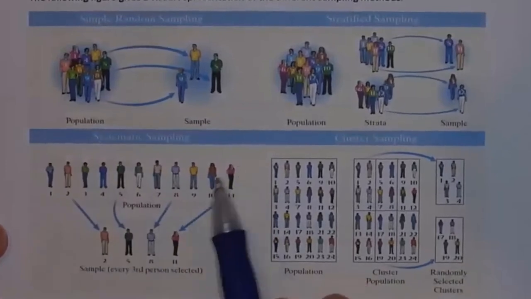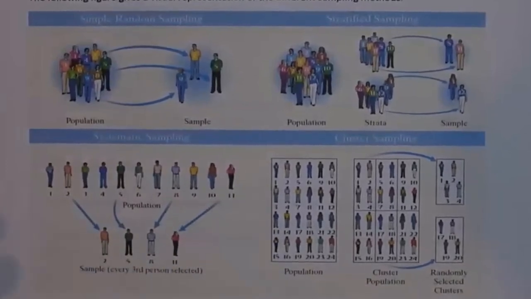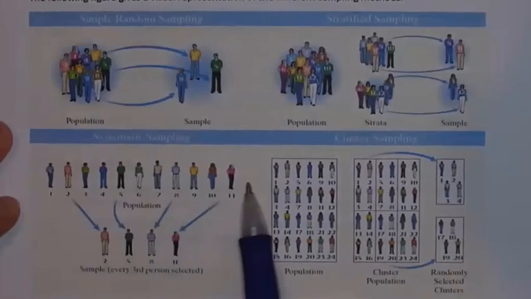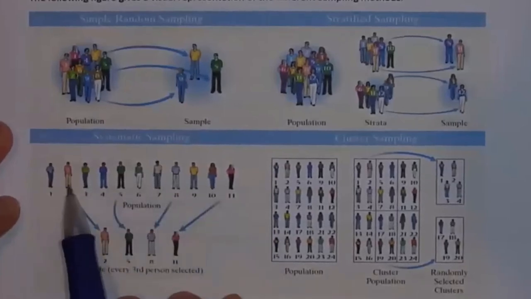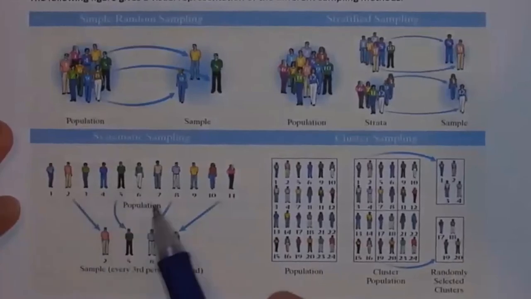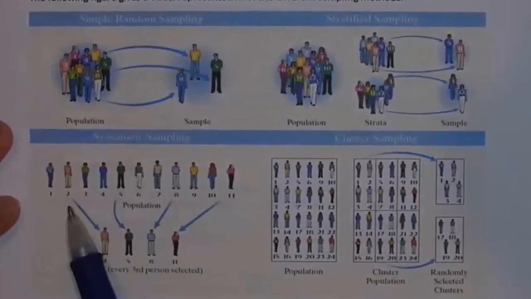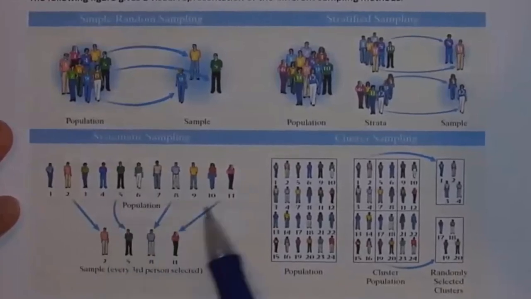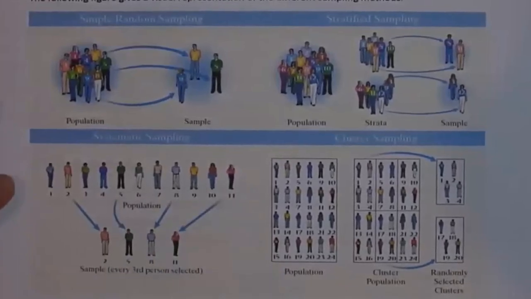With systematic, again, I kind of envision a lineup of individuals in a systematic sampling approach. So we have our individuals in some kind of a random order, and we pick a starting point and we pick every kth individual. So in this case, we're starting with the second individual, and then we pick every third individual after that.